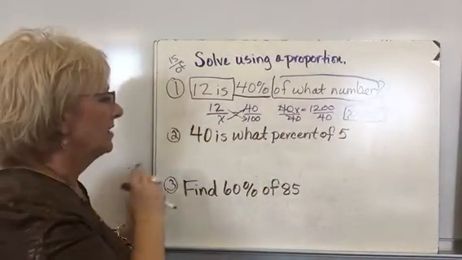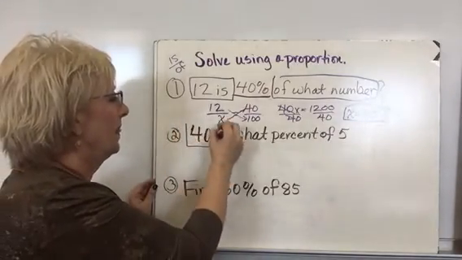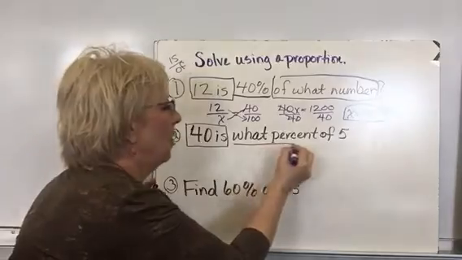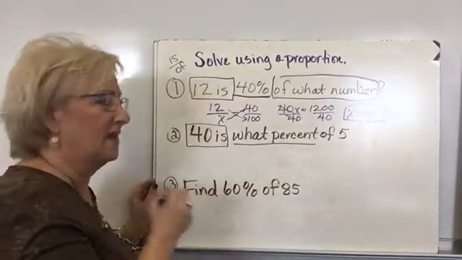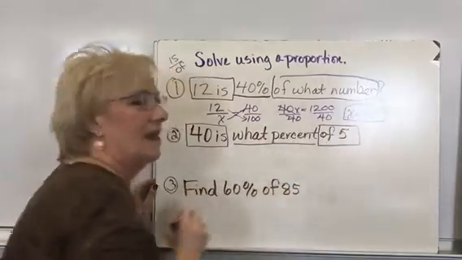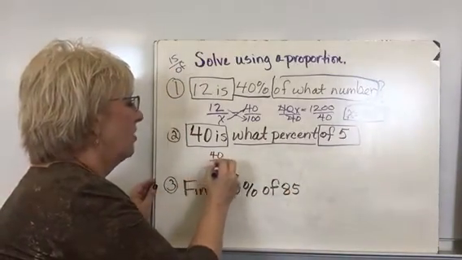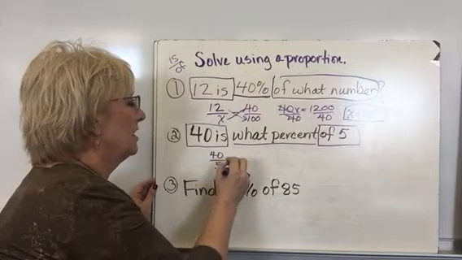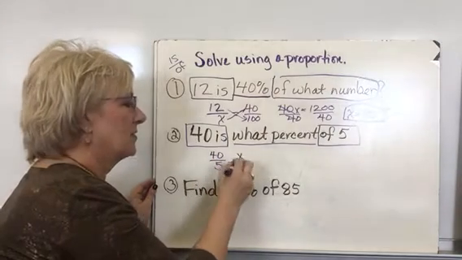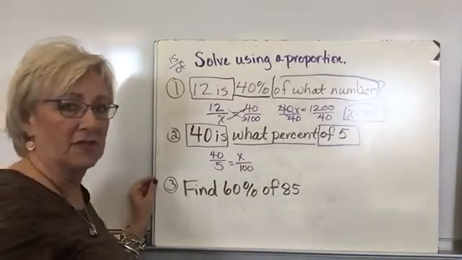Okay? Now let's look at this one. It says 40 is, here's my is number. What percent? What percent is what I'm trying to find. Of is my 5. So is is 40 over 5 is what percent? I don't know my percent, but I know all percents are over 100 as far as fractions.